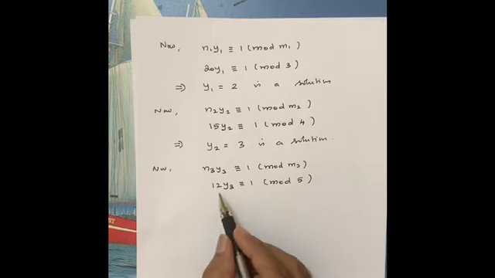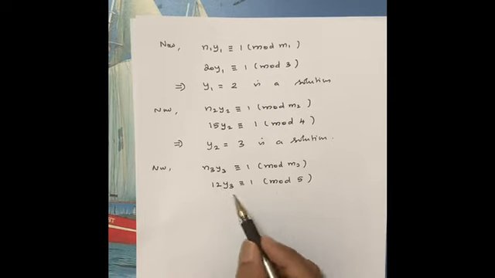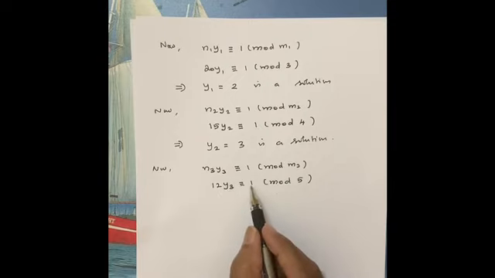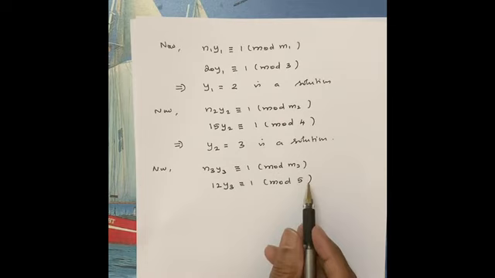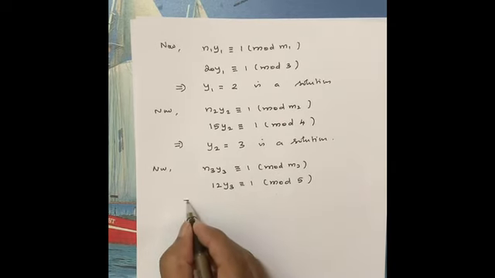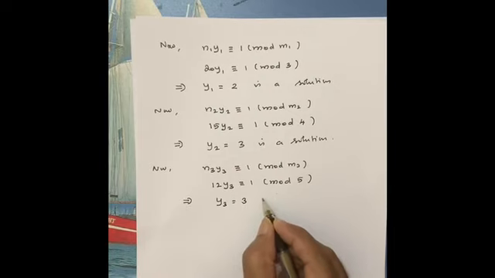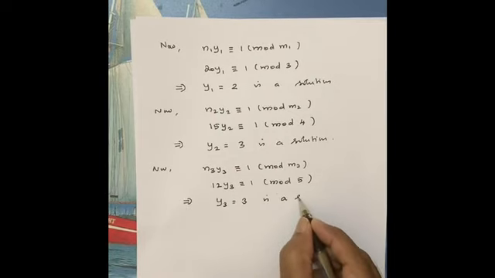Next 2: 24 minus 1 is 23, not divisible by 5. Next 3: 12 times 3 is 36, and 36 minus 1 is 35, divisible by 5. So this gives y3 equal to 3 as a solution.